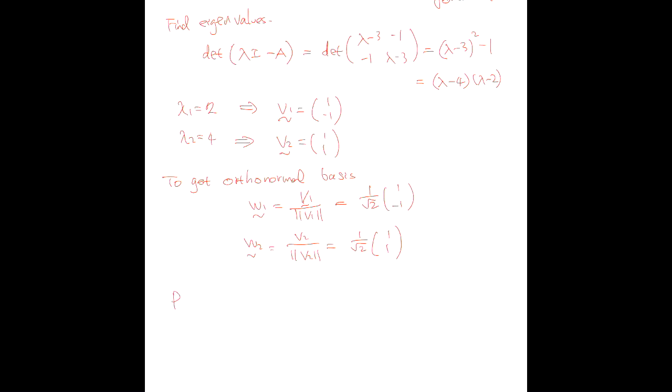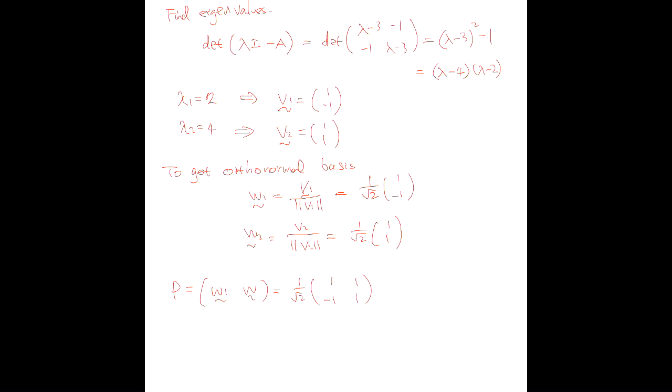Then we can write down P. P is just [W1, W2], the column vectors are W1, W2, which is equal to 1 over root 2 times [[1, 1], [-1, 1]]. And what is D?